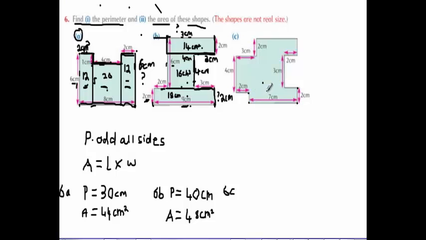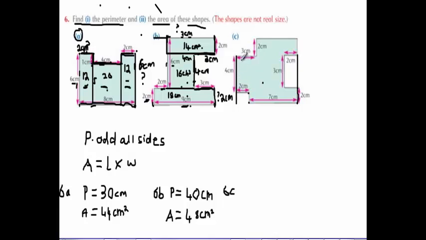Well, if this is 2 centimeters and this is 3 centimeters, this line from here to here would be this line, 3 centimeters, plus this line, 2 centimeters. That would be 5 centimeters. And that is the same length as this line from here down to here. And if that's 5 centimeters, this would have to be 5 centimeters.